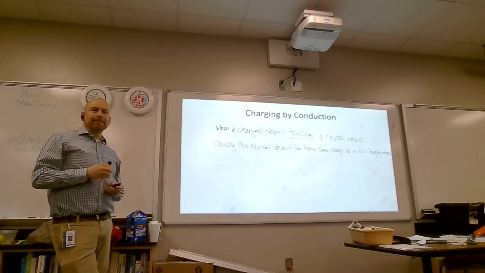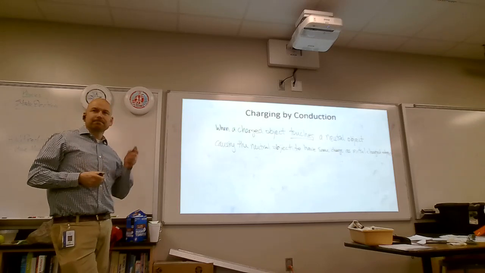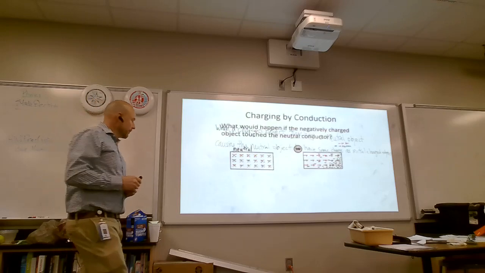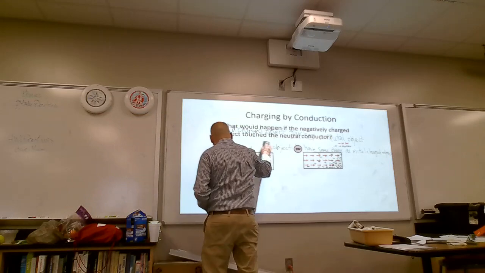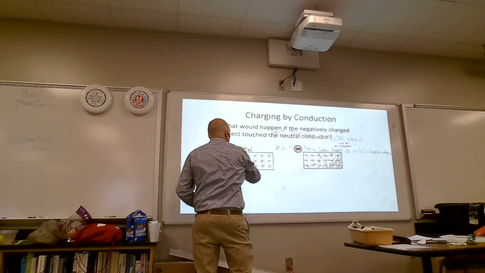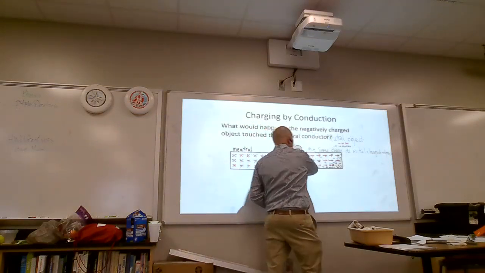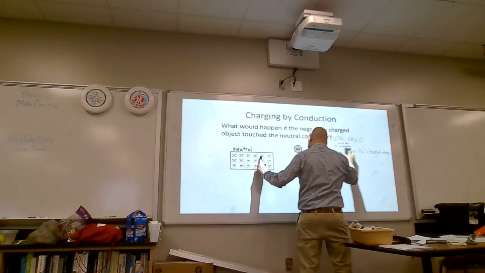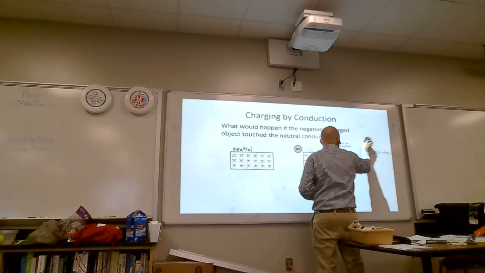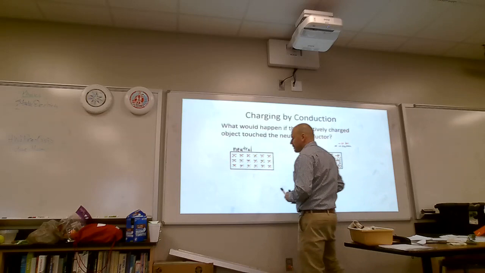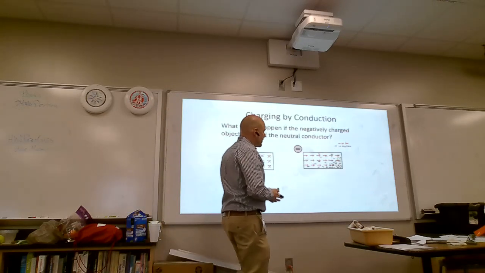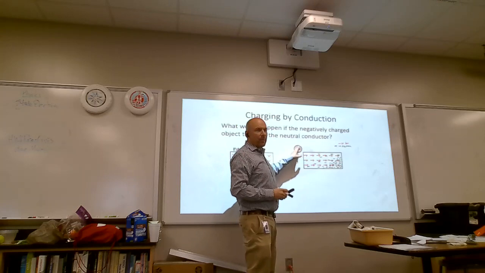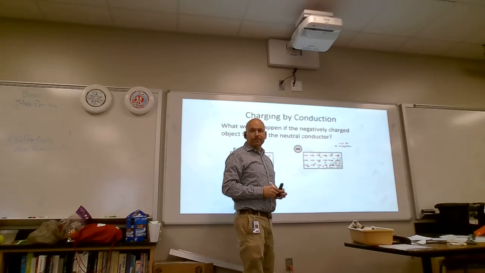Okay, good with that. So what does that look like? Let's say we start with a neutral piece of metal, and then we bring in a negatively charged object. So not an electron, but like a bowling ball that's negatively charged.